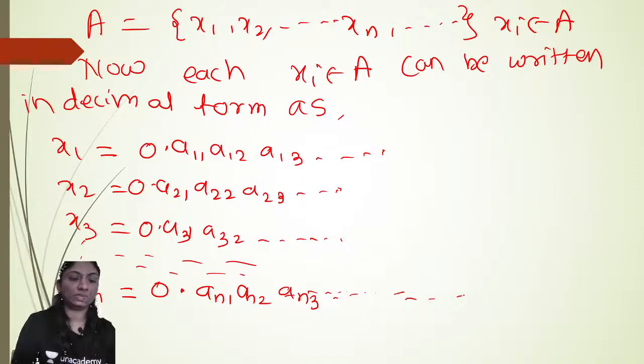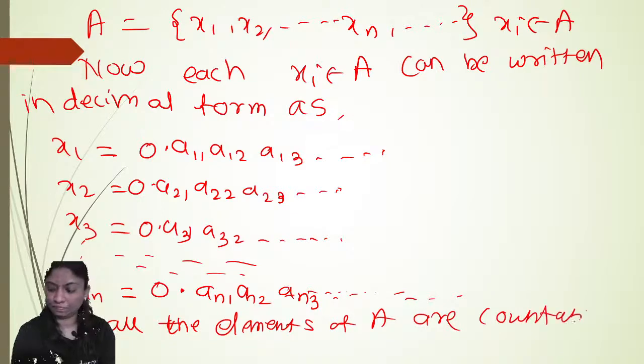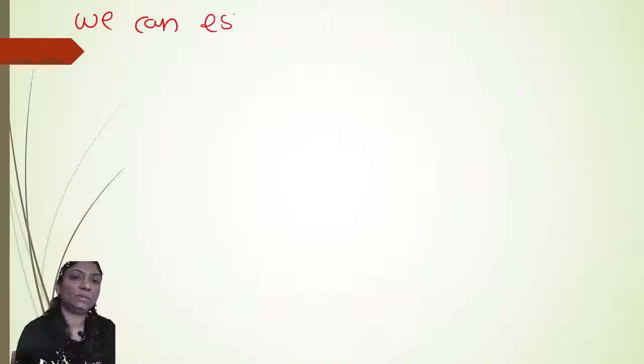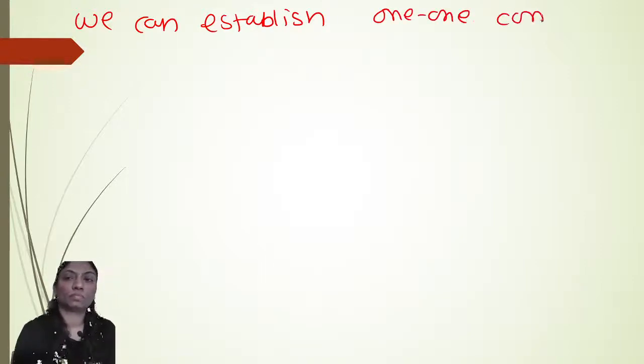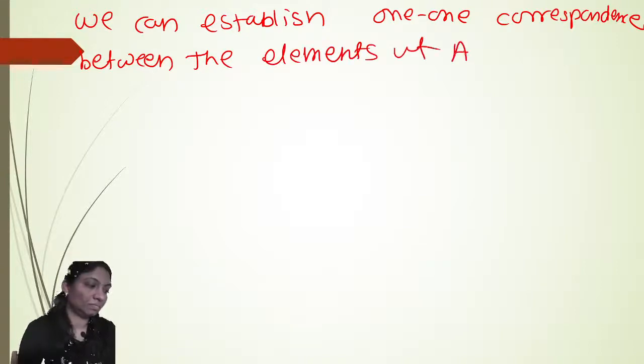Now, since all the elements of A are countable, we can establish a one-one correspondence between the elements of A and the natural numbers.